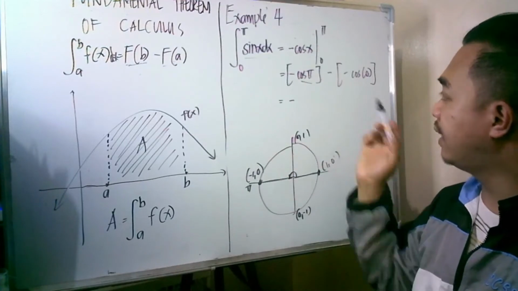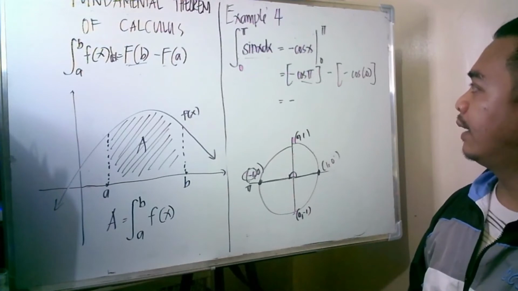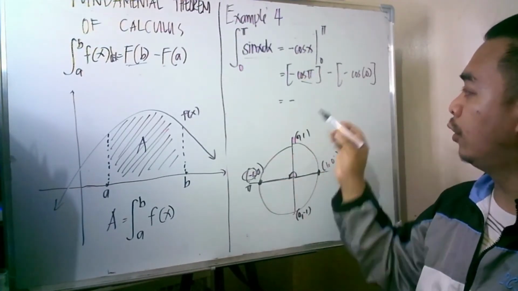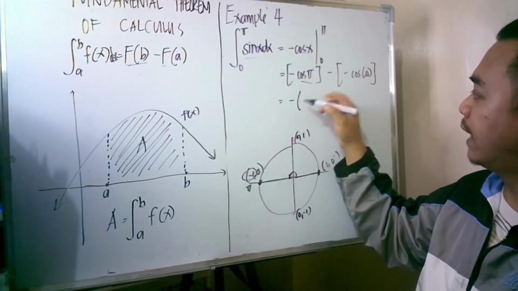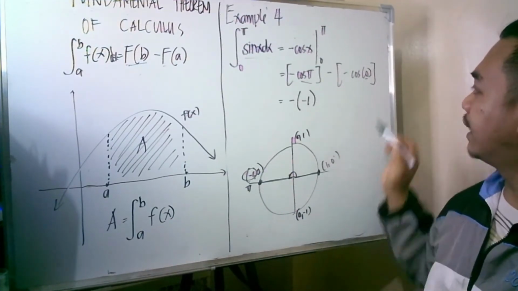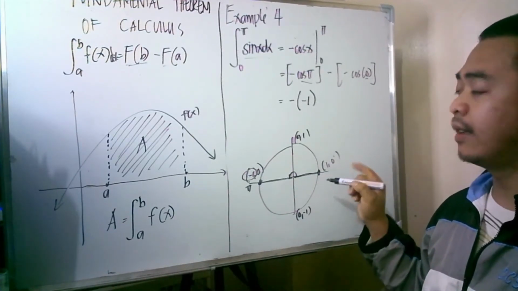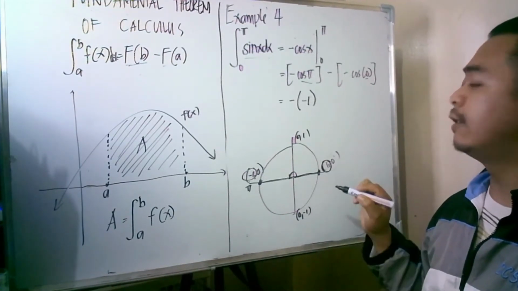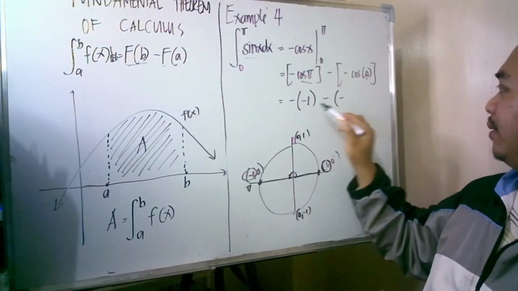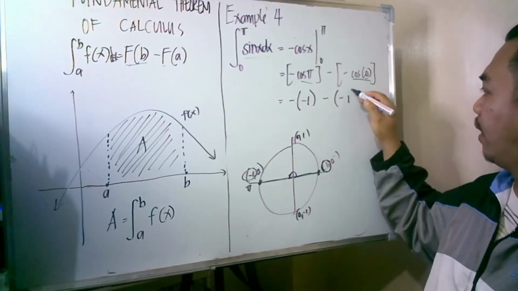So kung cosine ang tinitingnan natin, yung x coordinate, di ba? Kaya kung cosine ng pi, punta tayo sa angle na pi, tapos kunin natin yung x coordinate. So negative 1. Pero kung yung angle natin ay 0, cosine pa rin naman, punta tayo sa angle na 0. Where is that? Nasa x-axis. Tapos kunin natin ulit yung x coordinate. So medyo maraming negative, no? So ang value ng cosine 0 ay 1.